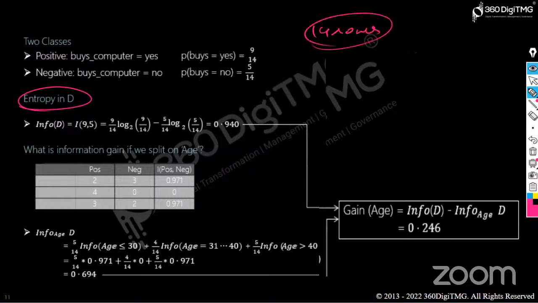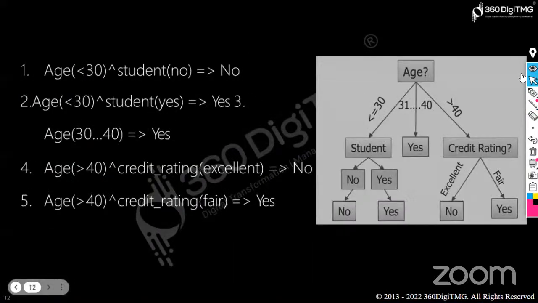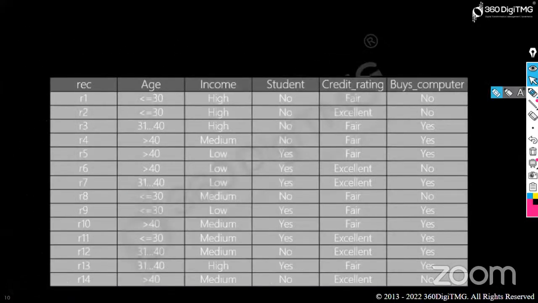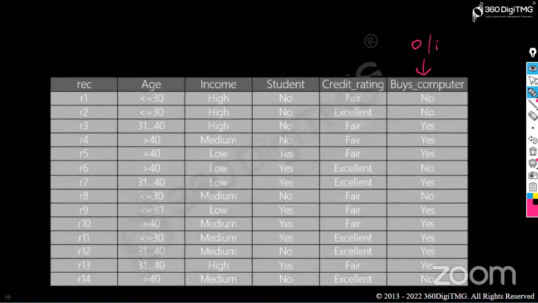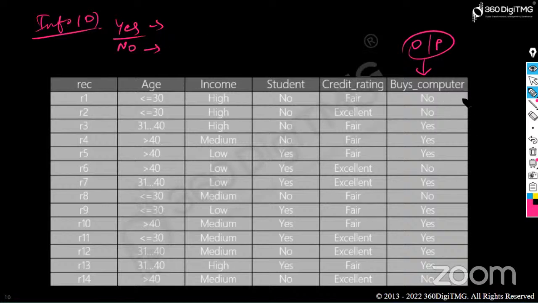We have seen 14 rows, and in the Bayes computer column, which is the output, you'll be having yes and no. Now, what is the probability of yes in this particular column? How do you find the probability? 1, 2, 3, 4, 5, 6, 7, 8, 9, 10, 11, 12, 13, 14. 14 rows are there totally.